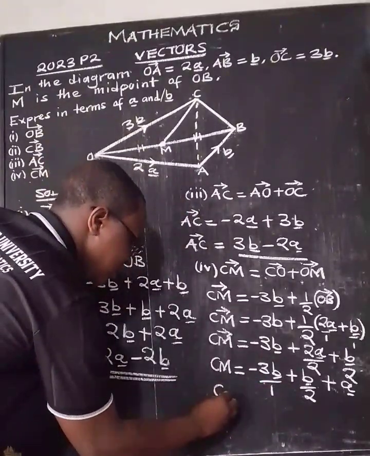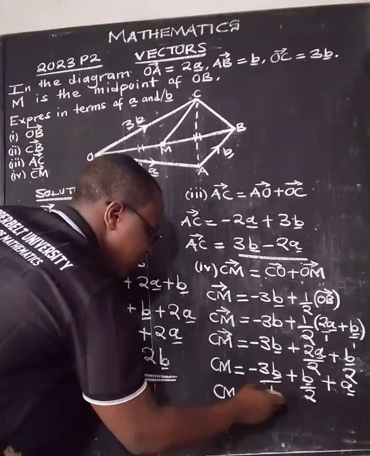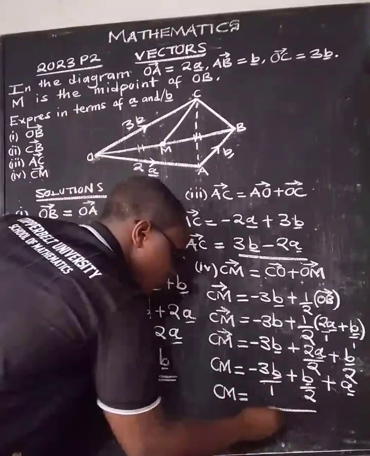So we have CM is equal to, lowest common denominator is what? It's 2.